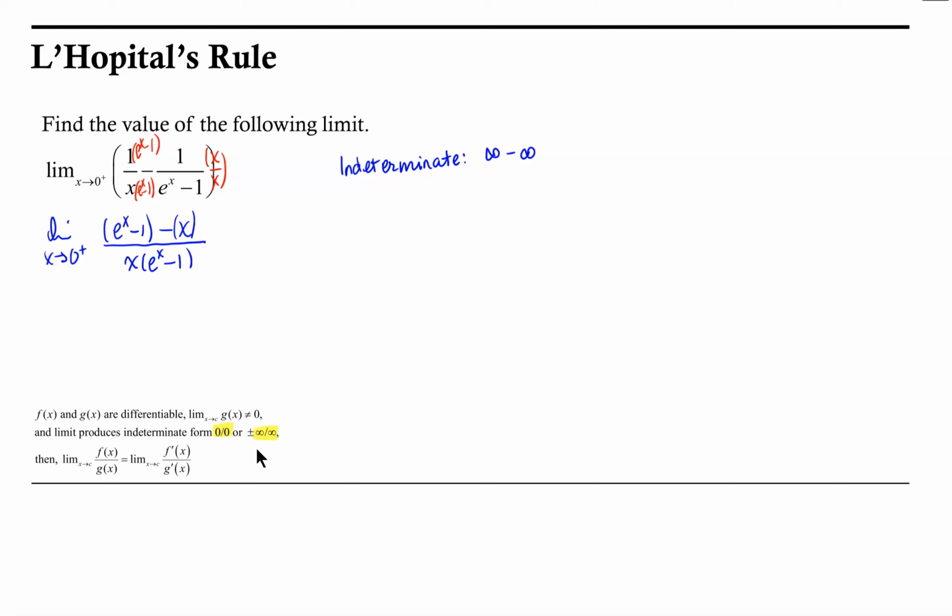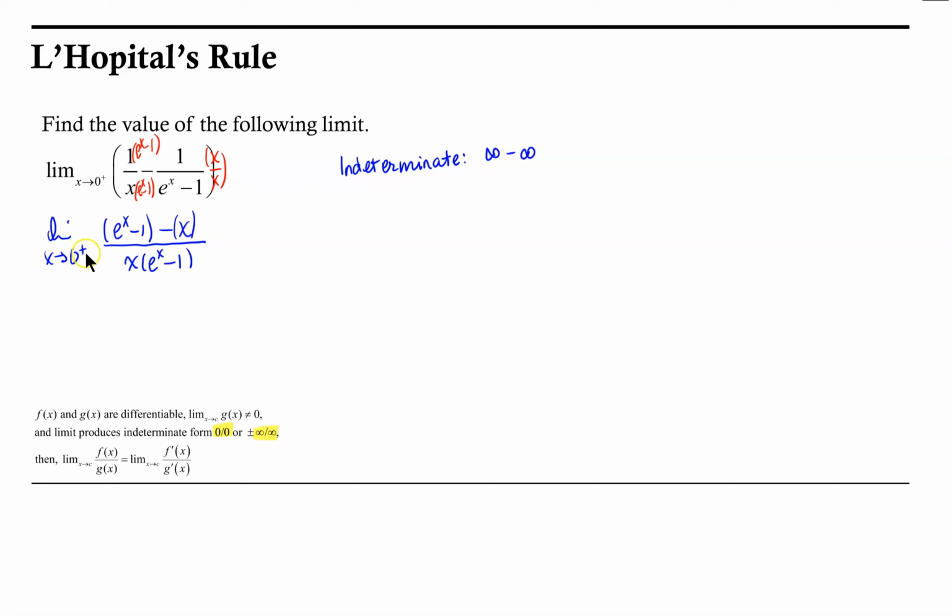Now, as we consider this, as x approaches 0 from above, e to the x approaches e to the 0, or 1. We have 1 minus 1, which is 0, minus, and then as x approaches 0, 0. So we have a 0 in the numerator.